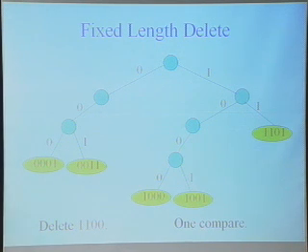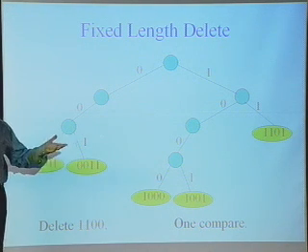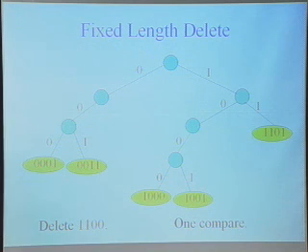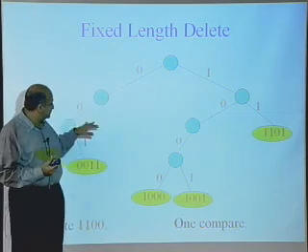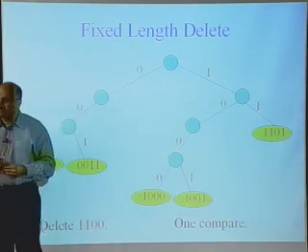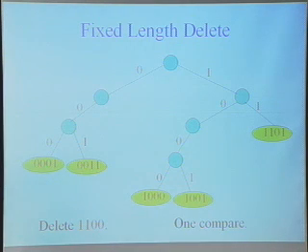All right, so when you do a delete, you follow the search path, and if the item you're looking for is actually there, you'll end up at a data node. You do a comparison, and it'll be a match. We'll throw away that data node. Then you have to retrace a path going back up toward the root, looking for these branch nodes that need to be thrown away. Okay.